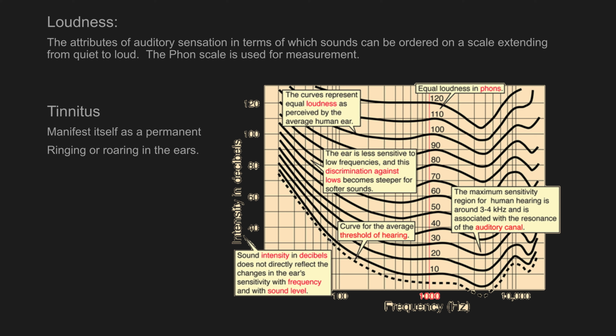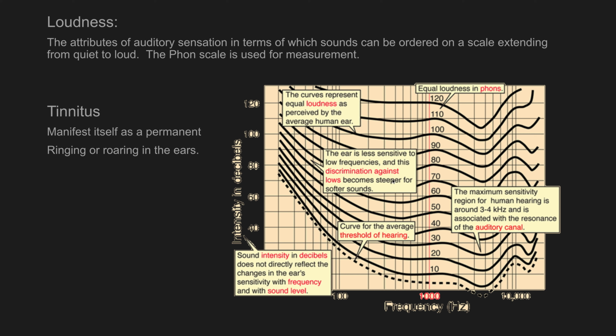So if you look at this curve, it's the curve for the average threshold of human hearing. And it's measured in decibels, basically. So the intensity of loudness is measured in decibels.